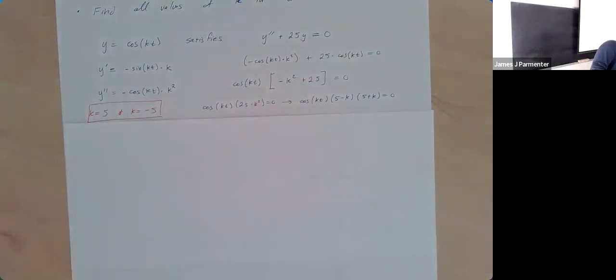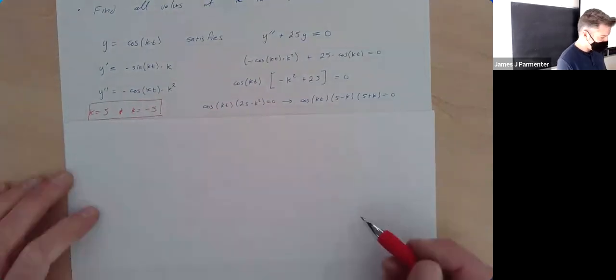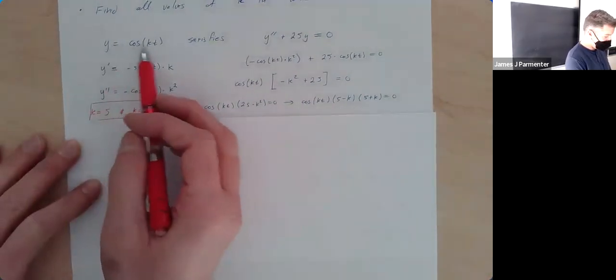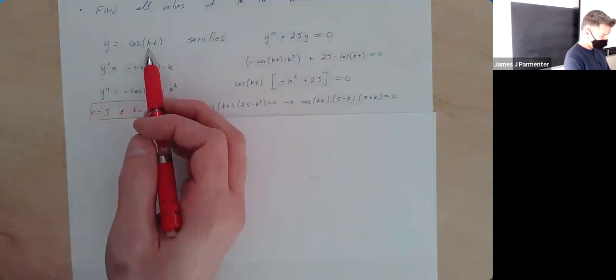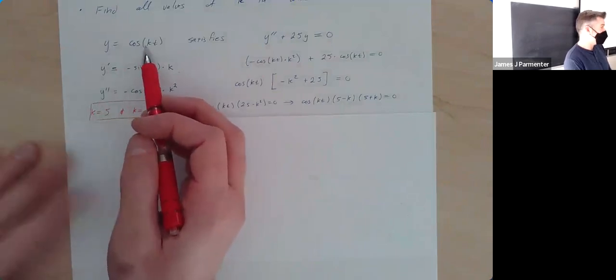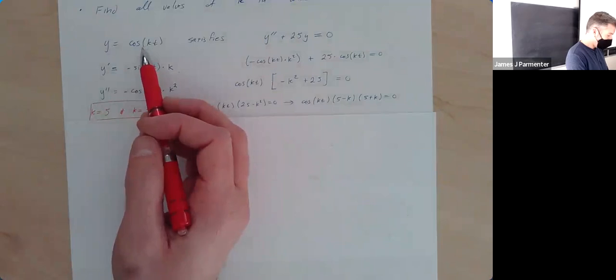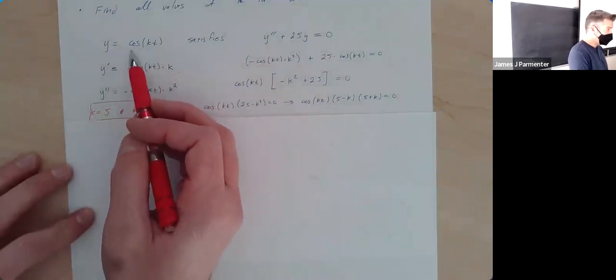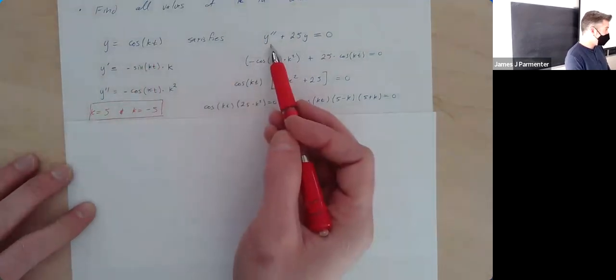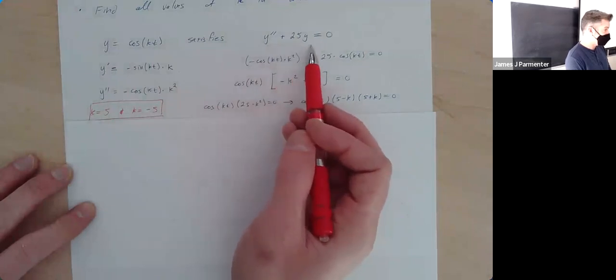Yeah, I guess that makes sense, right? Let's just point out, if k were 0, cosine of 0 is 1. And y equal to 1 is not a solution because the second derivative of 1 is 0, and 0 plus 25 is not 0.